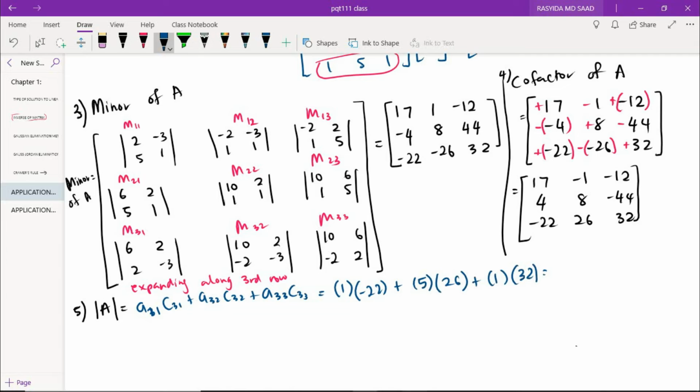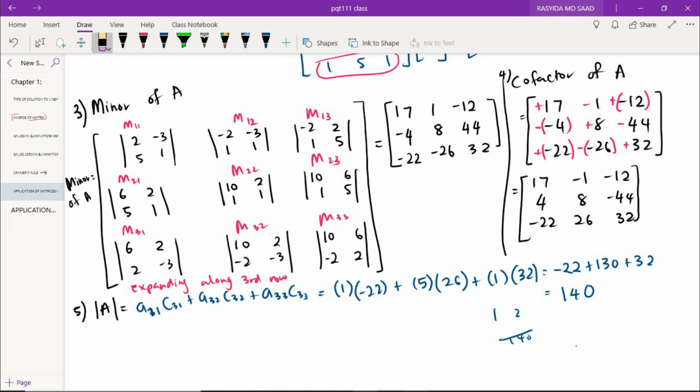And by using your calculator, we will get the value, which is negative 22, and then plus 26 times 5, 130, plus 32. Okay, so this one 162 minus 22, so 140.